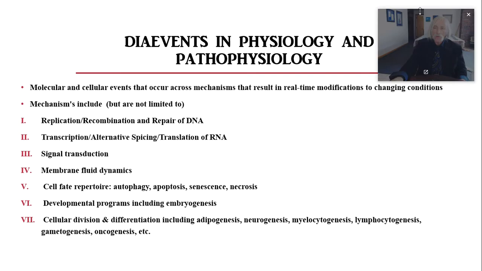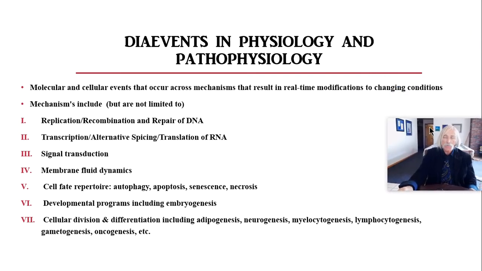So what are some events in physiology and pathophysiology that we can call Diaeventontological events? The molecular and cellular events that occur across mechanisms that result in real-time modifications to changing conditions. What do I mean by modifications? Modifications, for example, to gene expression, membrane turnover, membrane fluidity, things like this, things that are strictly biochemistry and molecular biology.